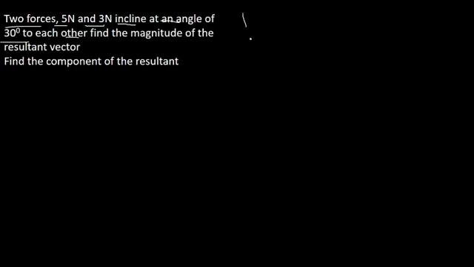What is the meaning of that? This is 5 Newton. This is 3 Newton, at an angle of 30 degrees to each other. Find the magnitude of the resultant vector. You can do that by applying your cosine rule. Find the component of the resultant vector. Yes, this is where you have work to do.